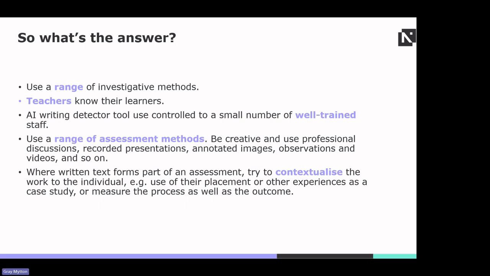I think that if your organization is going to use a writing detector, and coming back to the beginning, that is what JCQ tell us we should be doing, then I think that's okay, but it would be better to control that use with a kind of hit squad, if you like, of really well trained people who understand how far you can go in interpreting the outcomes of a writing detector, so they can put the right caveats on it and the right understanding that this is a prediction.